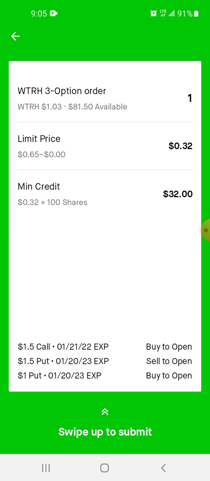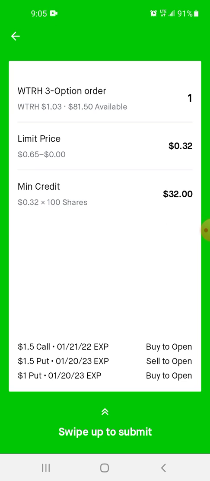So if the price shoots up, let's say, I bought a 150 call. If the price shoots up to $2, that's 50 cents times 100, which is $50.